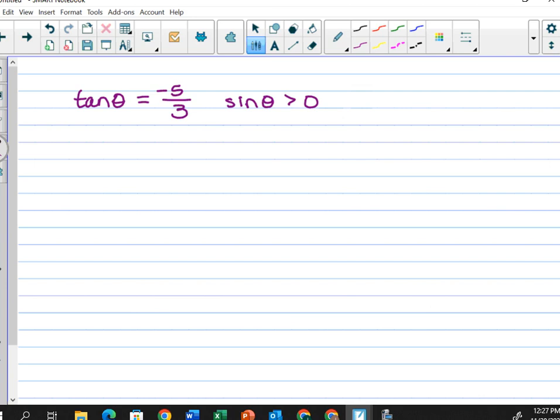Sine of theta is greater than 0. And I want you guys to find cosine of theta. Okay, so try this one. Back to what you were doing on 1 and 2. Be careful of your signs.